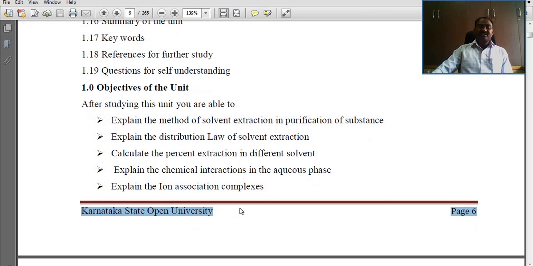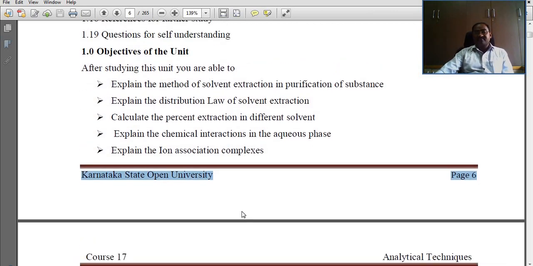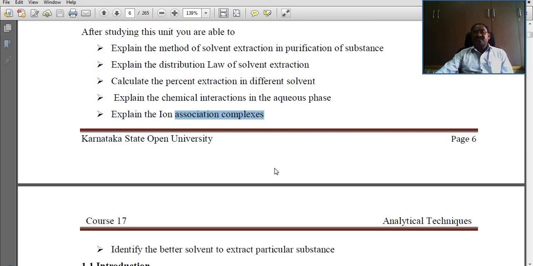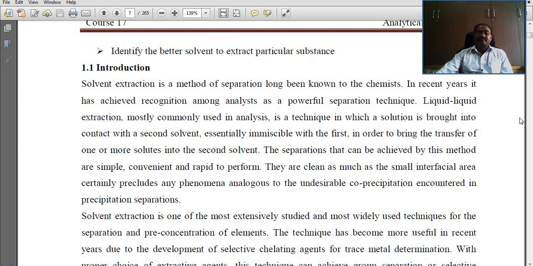The objectives are: solvent extraction in purification of substances, distribution law of solvent extraction, percent extraction in different solvents, chemical interactions in aqueous phase, ion association complexes, and better solvents to extract particular substances.